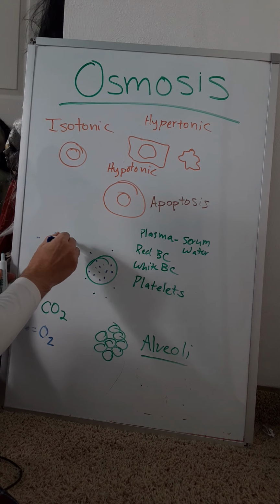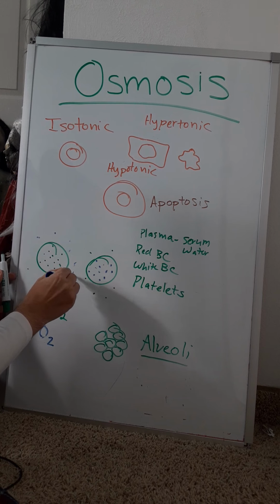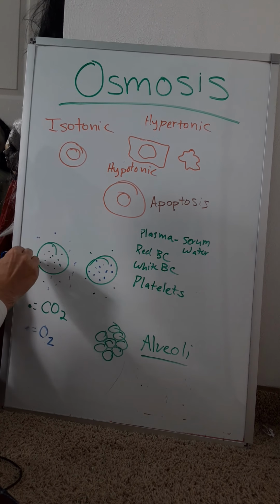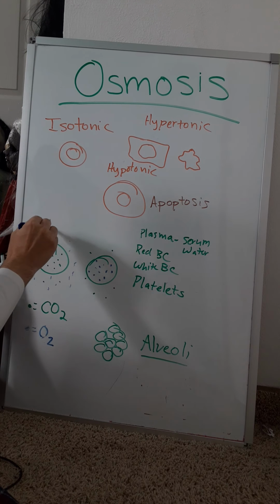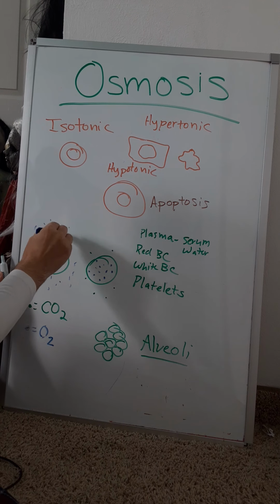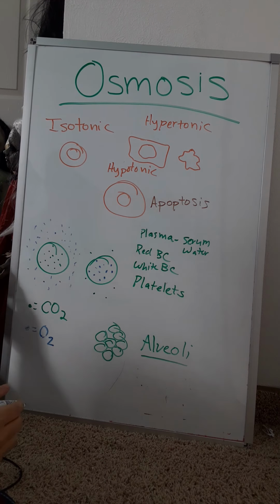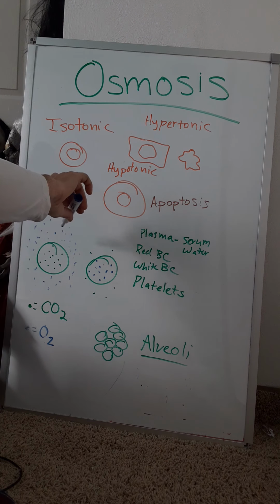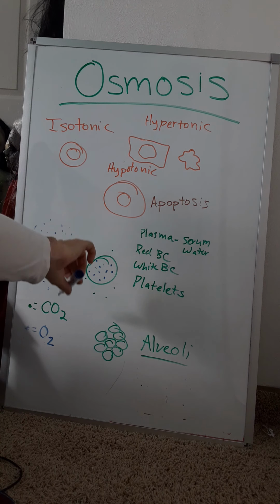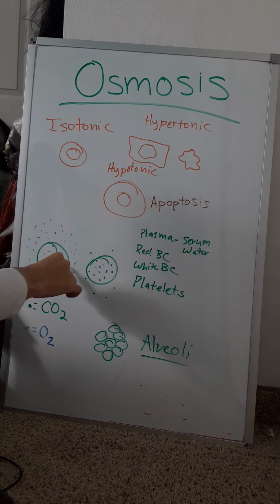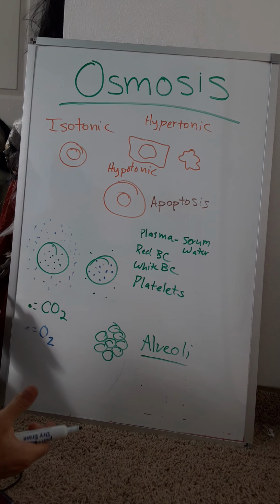Oop, I didn't finish this. Gosh, there's a new marker. All right, so the concentration gradient of oxygen is a lot higher than the CO2 concentration gradient on the inside. This is a little bit different because we're working with gas concentration rather than a solution. So these things are going to pass through the membrane, the actual gas atoms.